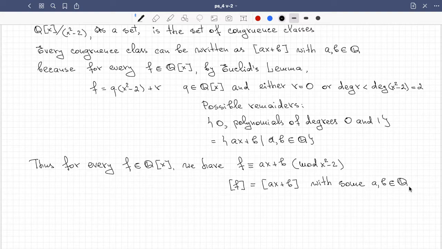At the same time, two different polynomials of this form cannot be congruent.